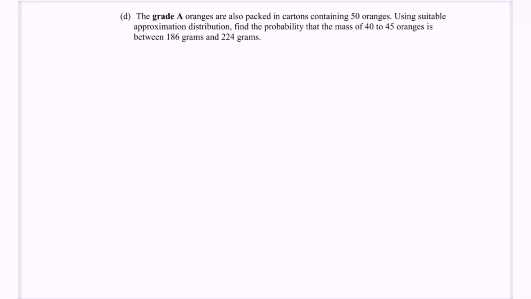Refer to question D. The grade A oranges are also packed in a carton containing 50 oranges. So X is binomial, we have 50. Using a suitable approximation distribution, find the probability that the mass of 40 to 45 oranges is between 186 gram and 224 gram.